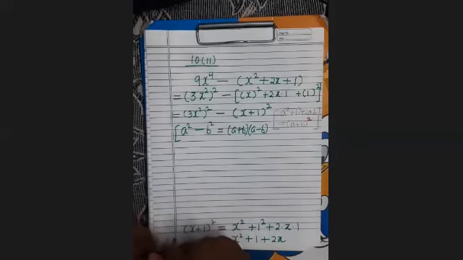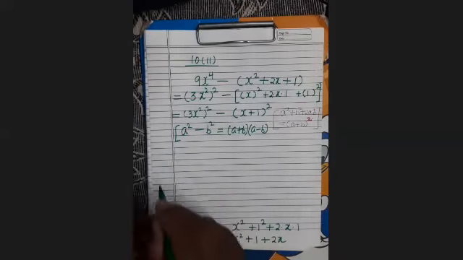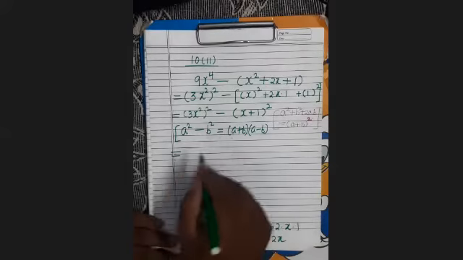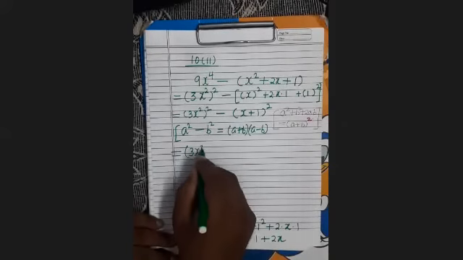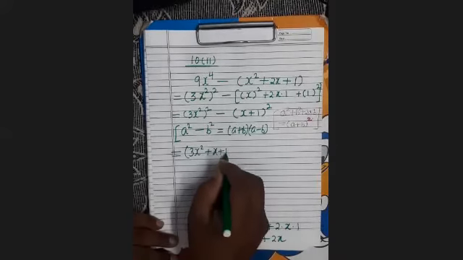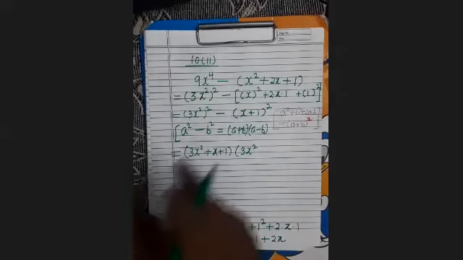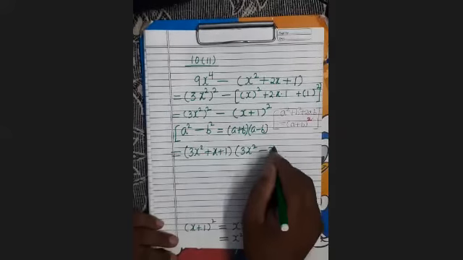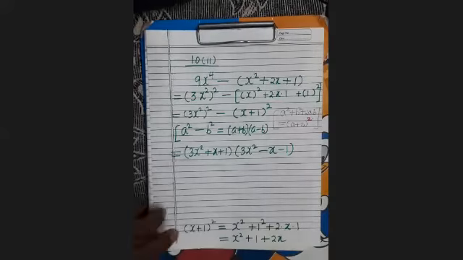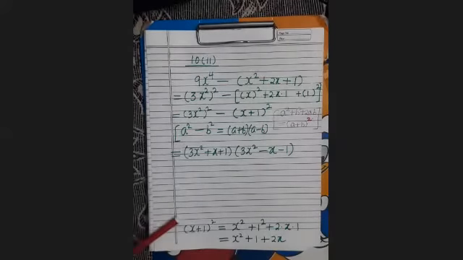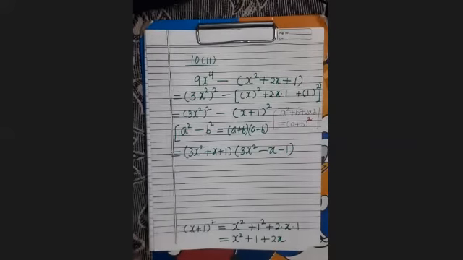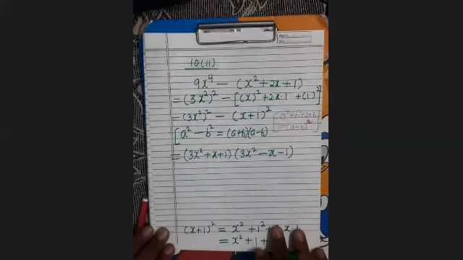Yes, in place of b, x plus 1. So a plus b will be 3x square plus x plus 1. A minus b is 3x square, and when you do the minus, it will become minus x minus 1. This way it can be factorized. So have you understood? Yes, now sir, see here.